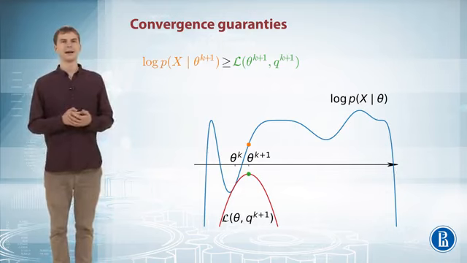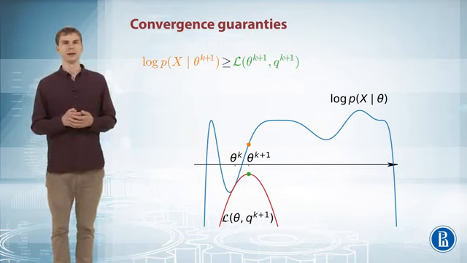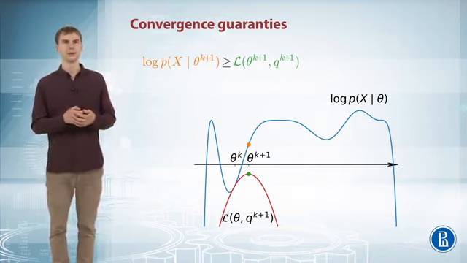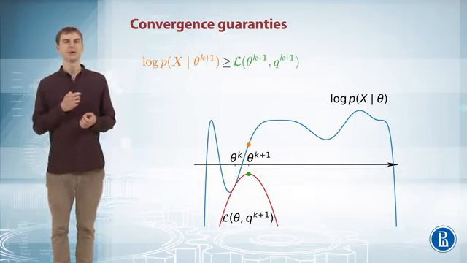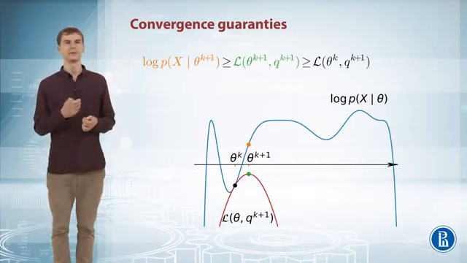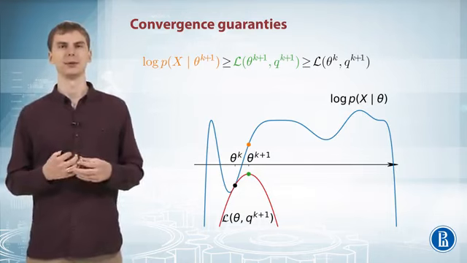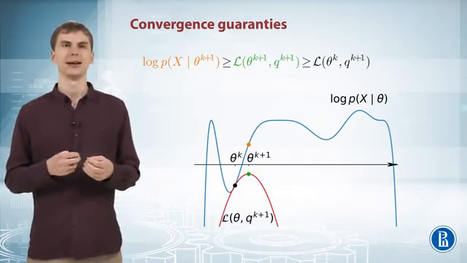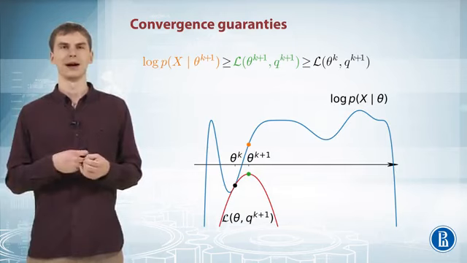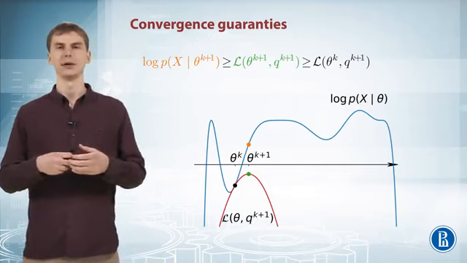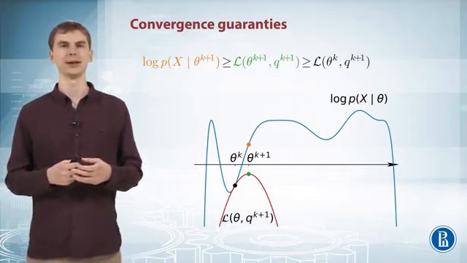Then we can say that the value of this lower bound at theta k plus 1 is greater than or equal to the value of the lower bound at the previous point, just because theta k plus 1 is the maximum of the lower bound with respect to theta. So it's greater than or equal to the value of the lower bound at any other point, right?